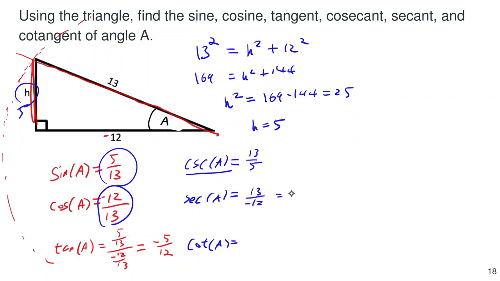Or again, negative sign can be also in the front, like this. Cotangent is reciprocal of tangent, which is negative 12 over 5. So once we find sine, cosine, tangent, we can just change the location of denominator and numerator to find cosecant, secant, cotangent.